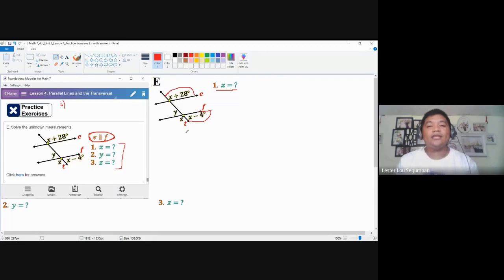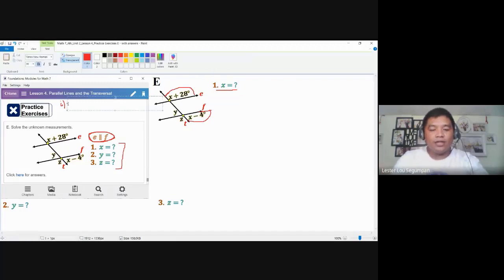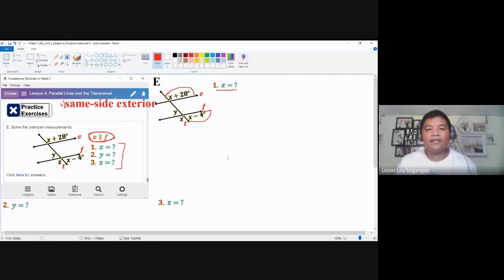They are found on the same side. So by the term same side, the two angles here are forming same side exterior angles.